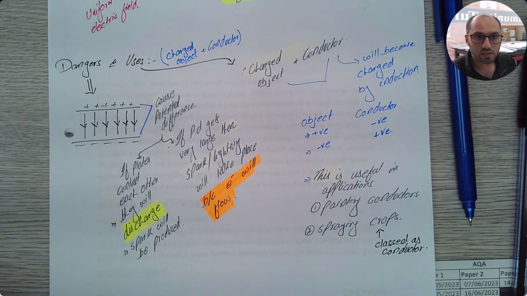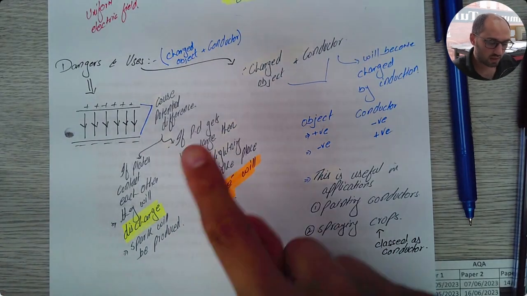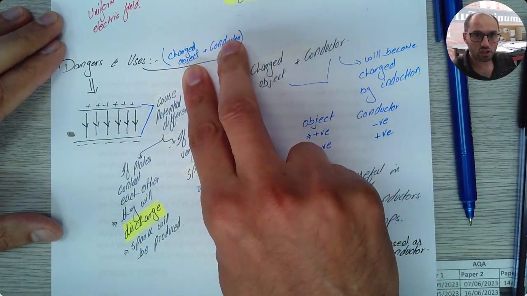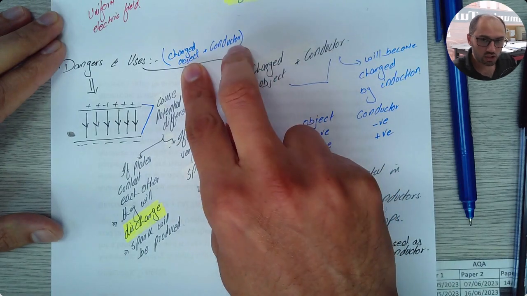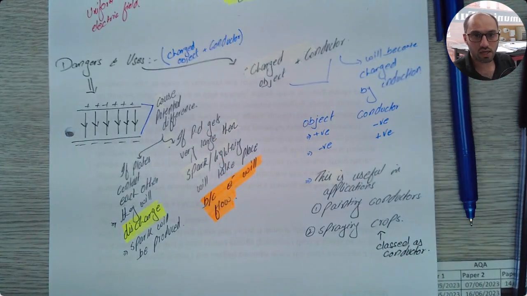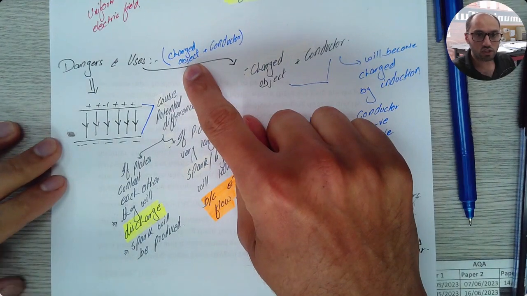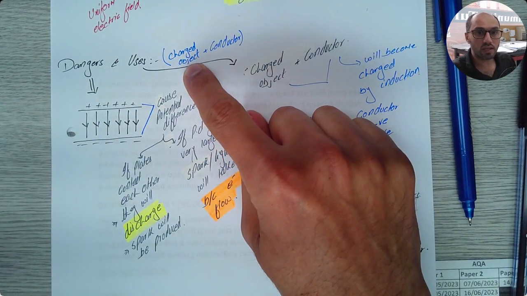When it comes to the dangers and uses, you need to remember one thing, and that is there will always be two objects involved, charged object and a conductor. When charged object and conductor will come in contact with each other, what will then happen is spark will be produced. To avoid that spark being produced, what we do is we will neutralize this charged object by using an earth wire.